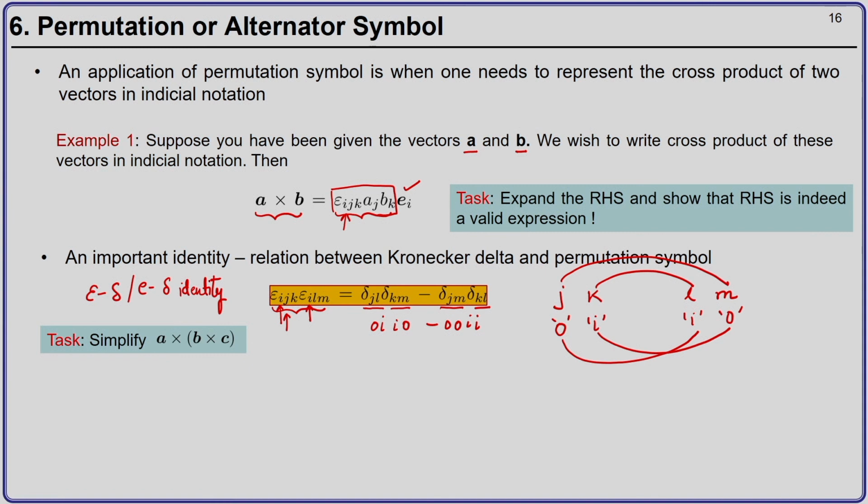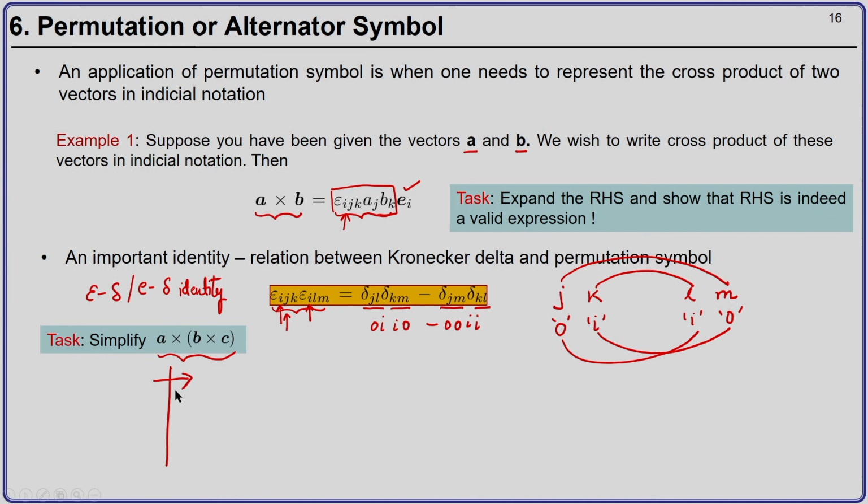So, now let us look into one of the applications of the permutation symbol and how it helps us to prove certain vector identities. Suppose you have been asked to simplify this expression, A cross B cross C. Now, you can do this very well using the concepts that you know from your school days, but here we would like to address this simplification through indicial notation.